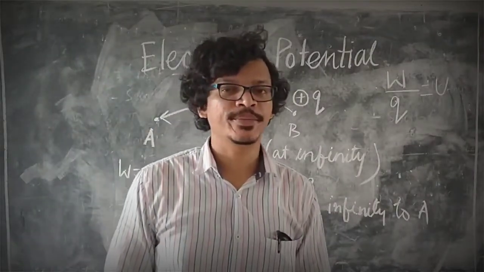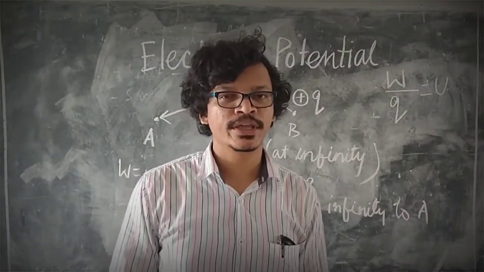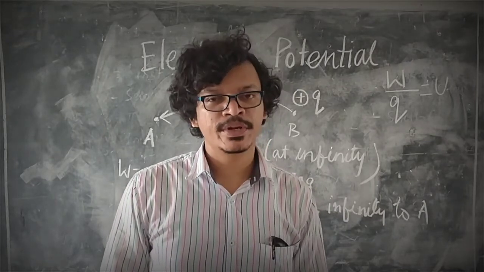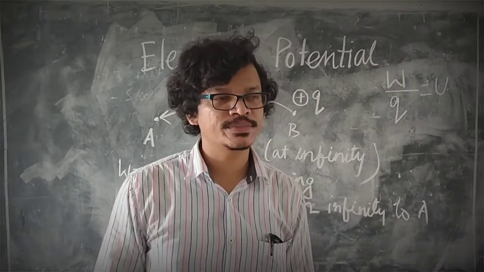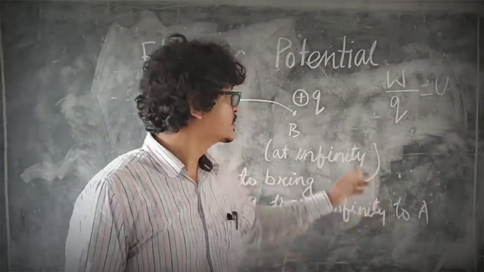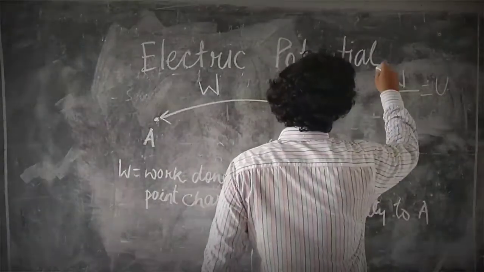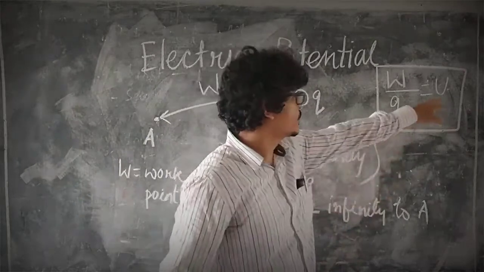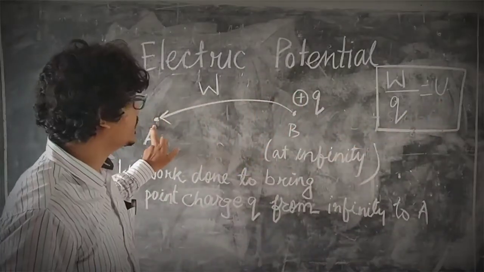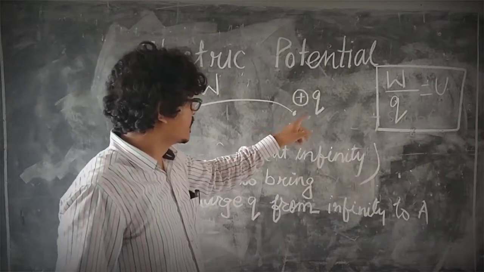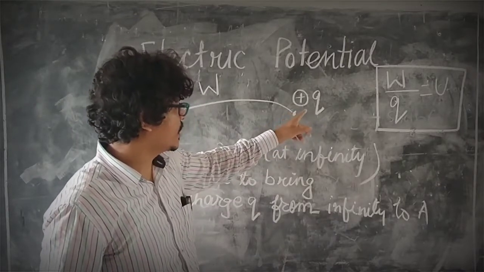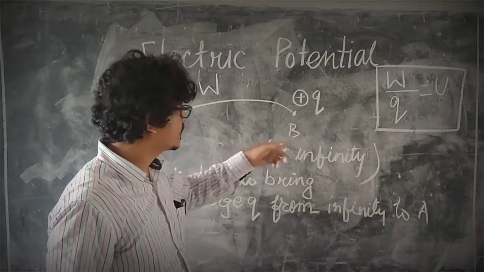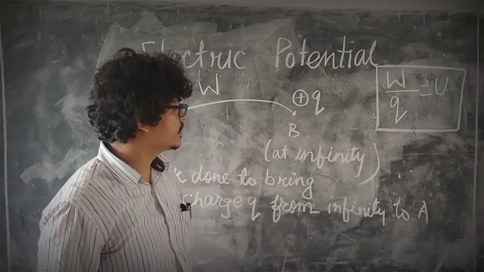Electric potential is defined as the work done to bring a unit positive charge from infinity to a given point. That is the potential at that point. So here U is the potential at point A, and it is given by the work done to bring a unit positive charge from infinity to that point. That is electric potential.